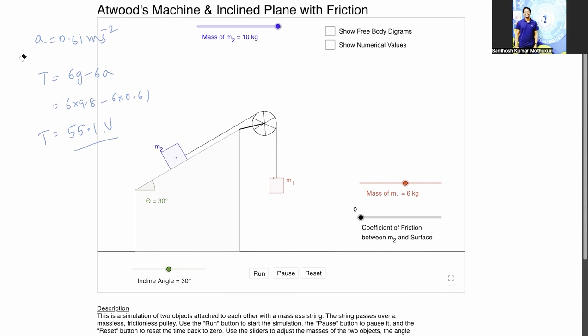So let me click on this and see. Exactly, the acceleration is 0.61. Yeah, and this is 55.13. So I approximated it as 55.1. All right. And let me run the simulation and check.